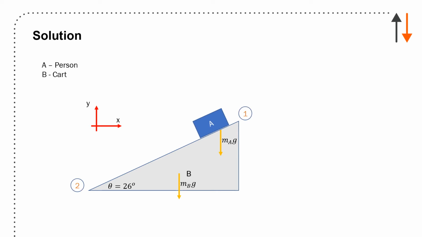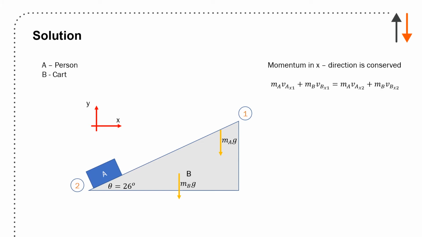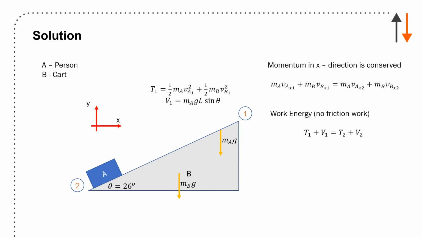Person goes from position 1 to position 2. I know that the momentum in the x direction is conserved, so m_A v_Ax1 plus m_B v_Bx1 equals m_A v_Ax2 plus m_B v_Bx2. There's no friction work, so it's all gravitational potential and kinetic energy. At position 1, it's going to be kinetic energy of the person and kinetic energy of the cart, as well as V1 equals m_A g L sine theta, with a datum defined down here.